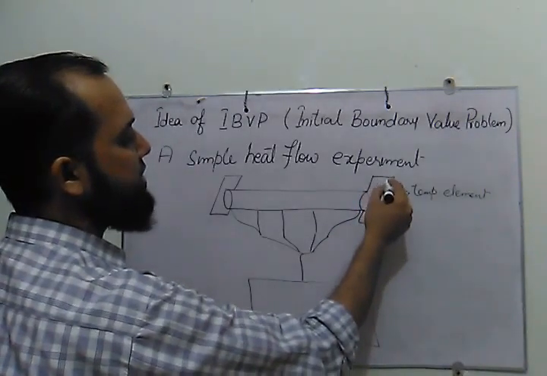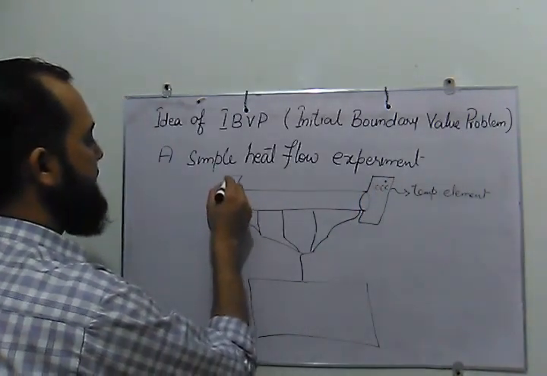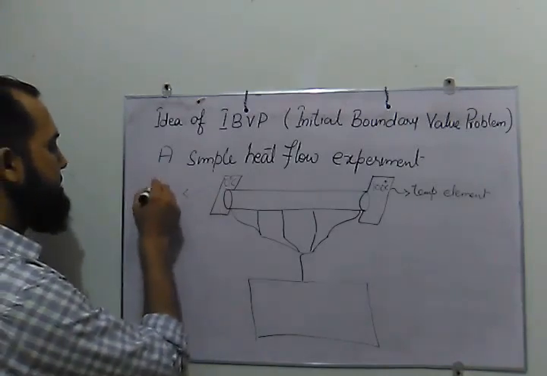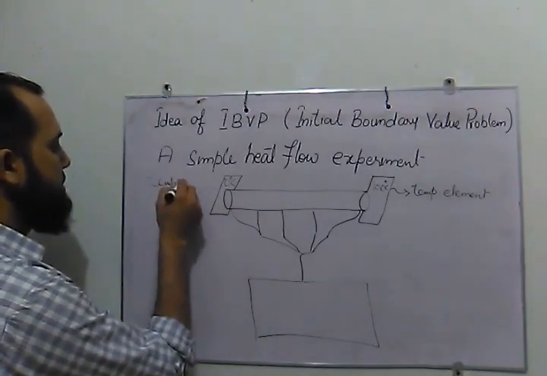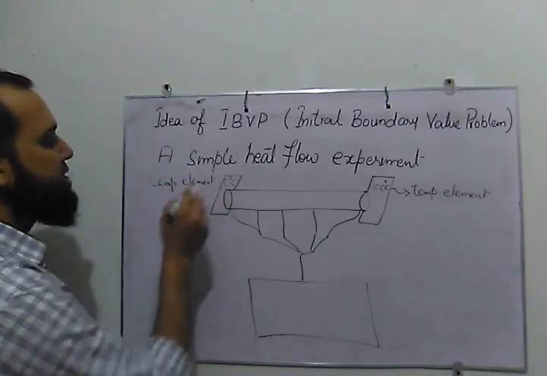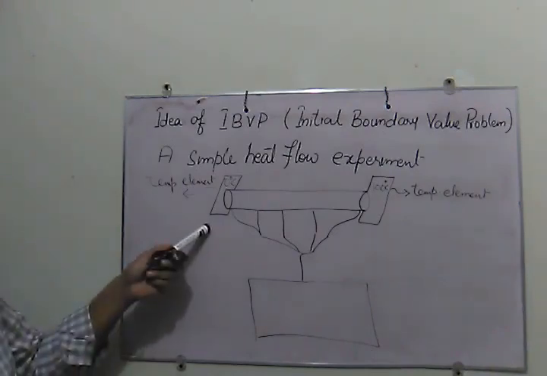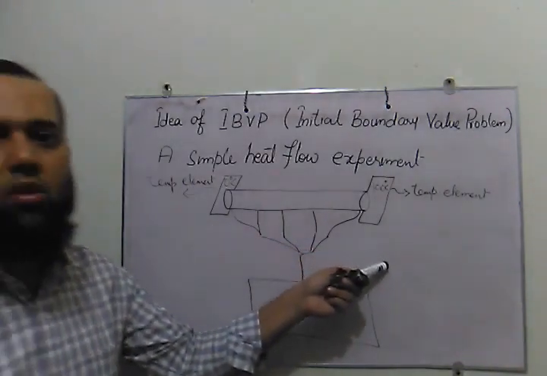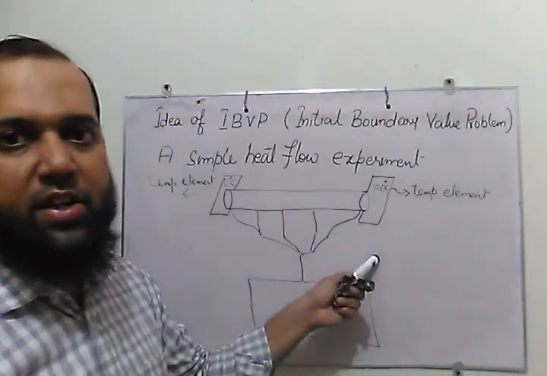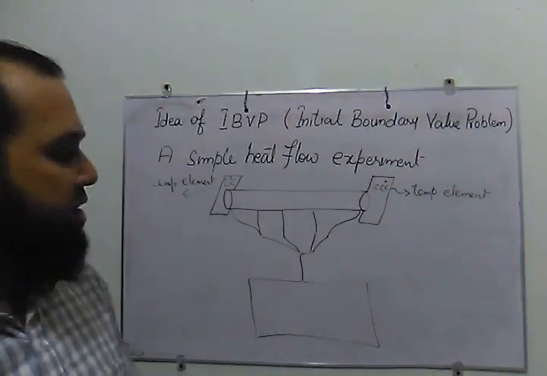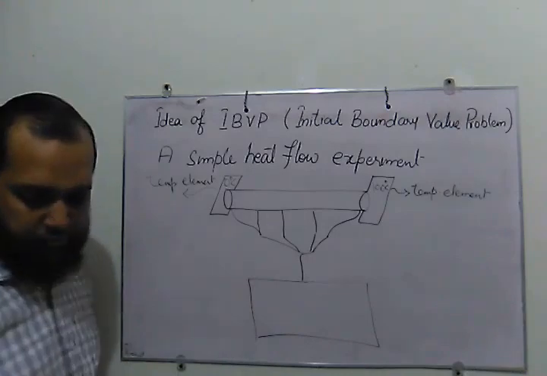This is at 100 degrees centigrade. This is at 0 degrees centigrade. This is again a temperature element. These temperature elements are basically maintaining the temperature at the ends. So the temperature will always be 0 at this end and always 100 degrees centigrade at the other end, and we constantly monitor these temperatures through the screen.